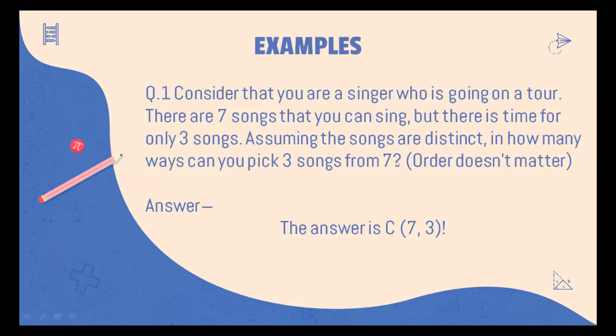So in combinations we divide the permutations by r factorial, because ABC is the same as BCA is the same as CAB, and there are 3 factorial, that is 6, permutations of them. So we divide nPr by r factorial, and that gives us the right answer. The answer is 7 choose 3: we want to choose 3 songs from 7.